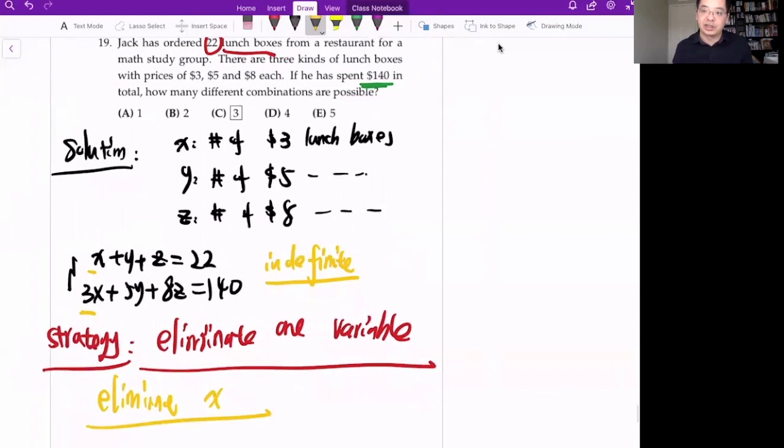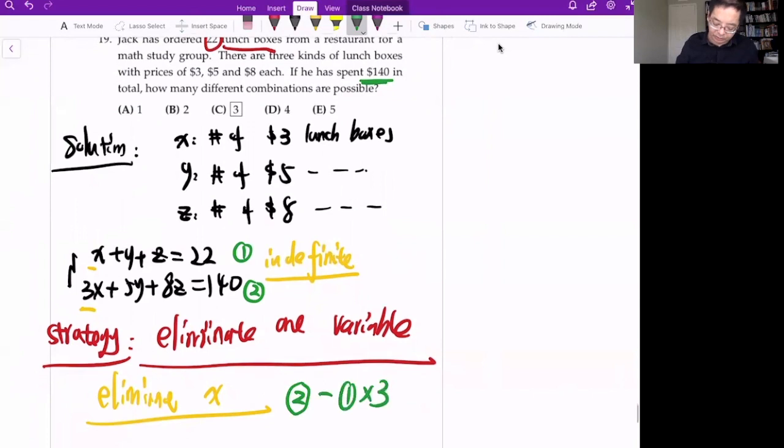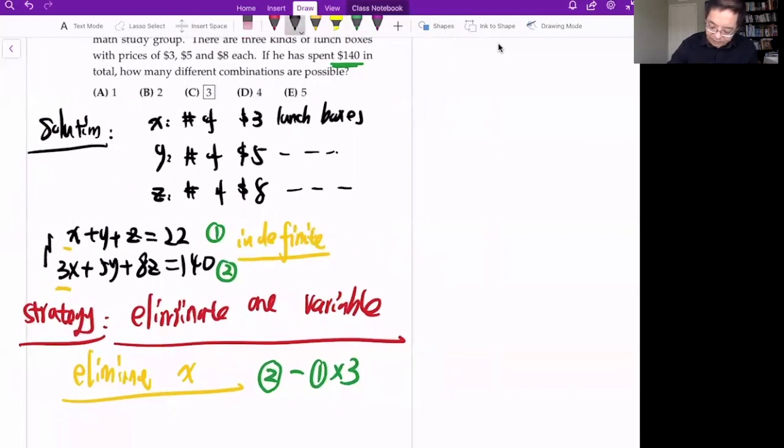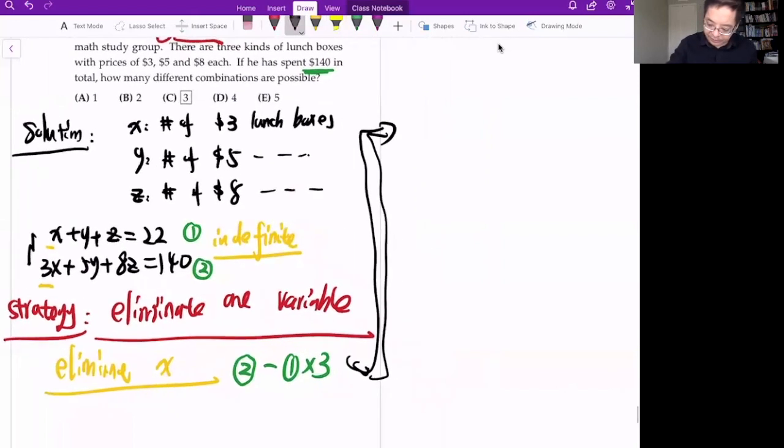How do we eliminate x? Let's call this equation 1 and this equation 2. We take equation 2 minus equation 1 multiplied by 3.